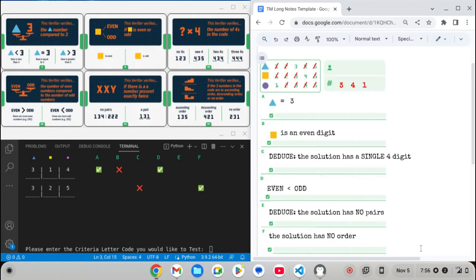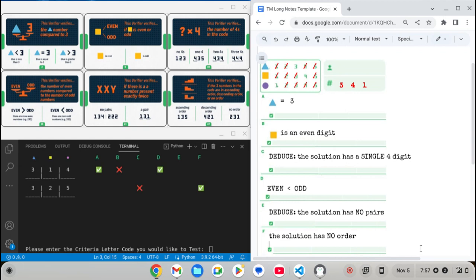So let's kind of review quickly. Is our first digit triangle 3? It is. We have an even in our square digit. We did deduce that there should be a single 4. There are more odds than evens. We did deduce that there should be no pairs in our odds.